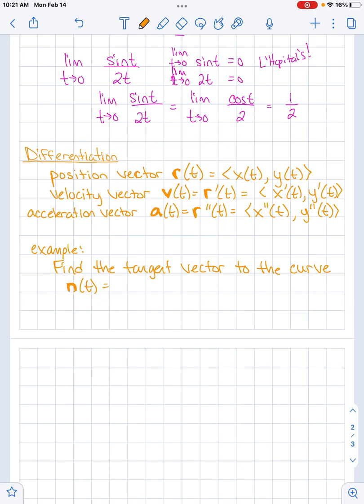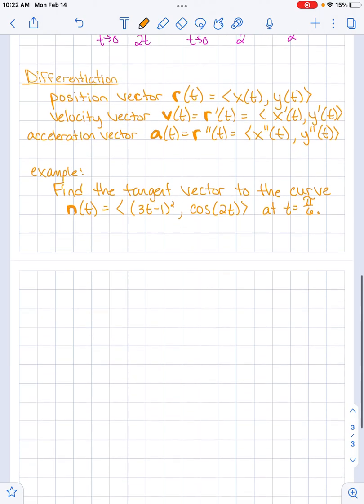N of t, there's our position. Here's the position curve, 3t minus 1 squared, and the cosine of 2t, at t equals pi over 6. Okay, I'd like you to go try this. Go try to write a tangent vector for this curve at t equals pi over 6.